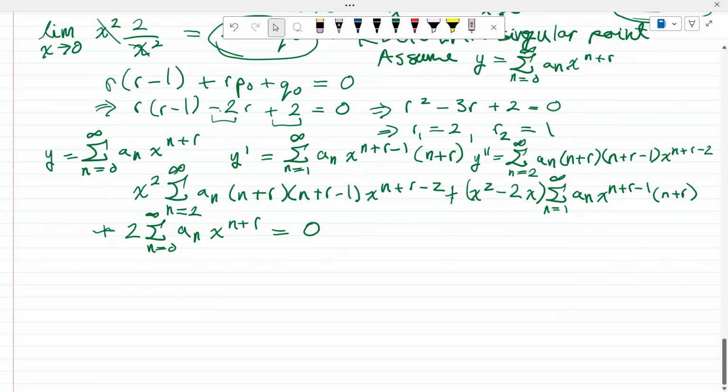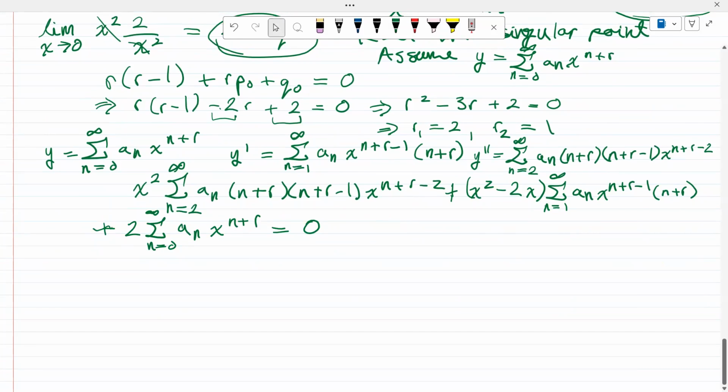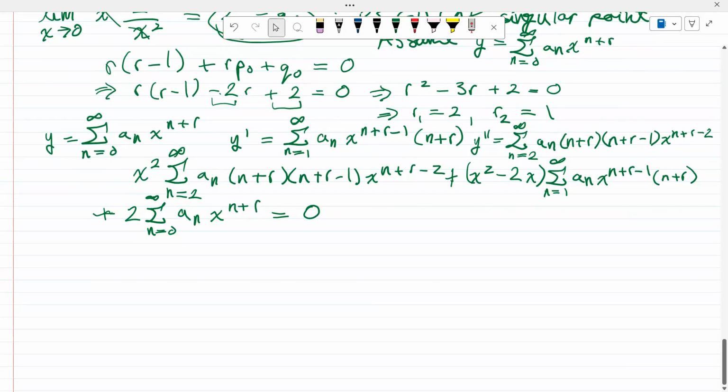So knowing this, we can generalize our series by multiplying in all of these polynomials here.